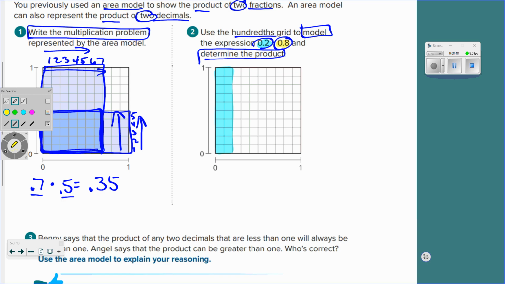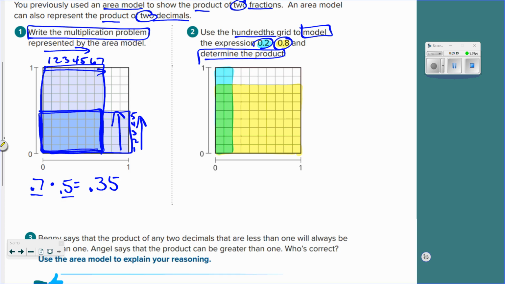Meaning, if I start at the bottom and we come up 8/10, we color in all of these. Does everybody see the 2/10 and the 8/10?